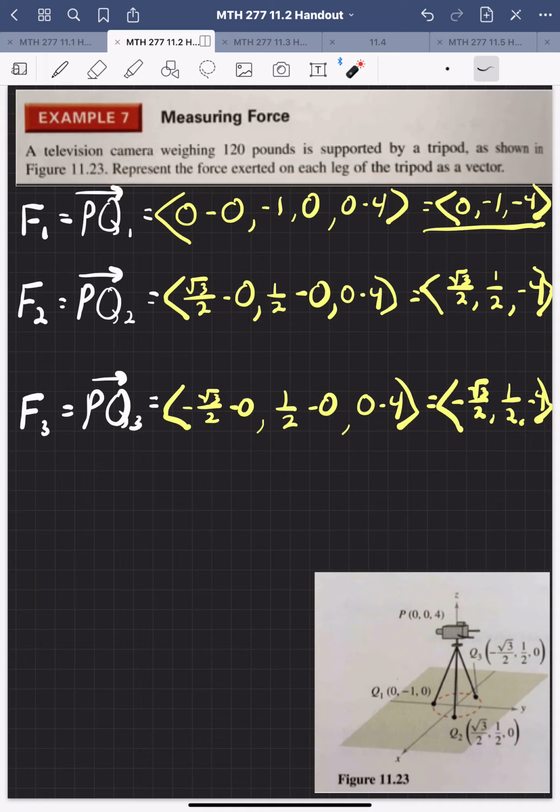I hope it makes sense that at this stage we have the direction. We just don't know how much of that weight, right? That camera's got 120 pounds. We don't know how much of that weight is being supported in this direction. So we need to figure out the magnitude of each of these vectors.